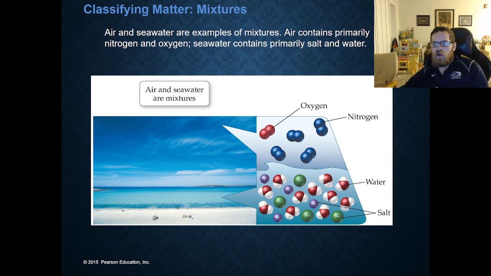And then we look at salt water. It's salt and water. If we're talking about the seawater in the ocean, well, it's got fish in it. They're a piece of matter.